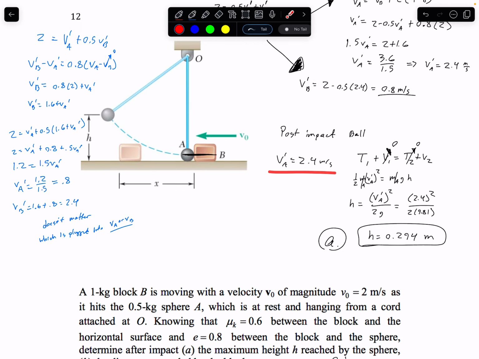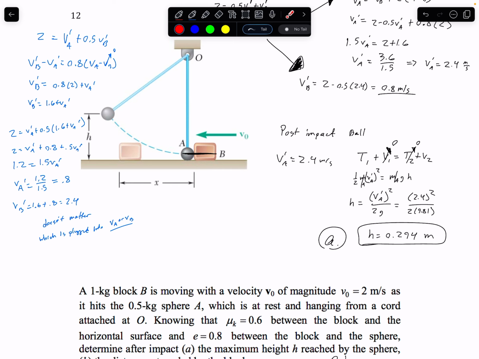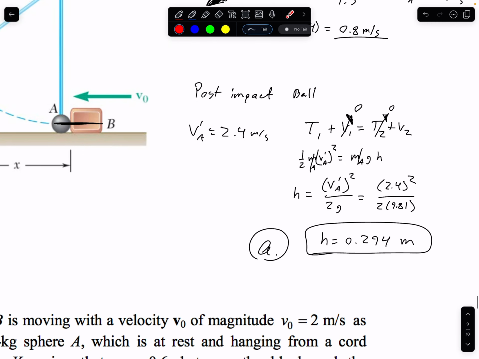So for post-impact, the balls are not together, but they each have momentum now, and so it's just a conservation of energy.